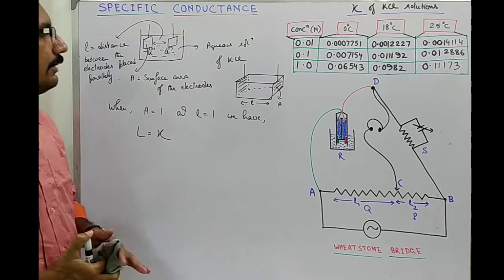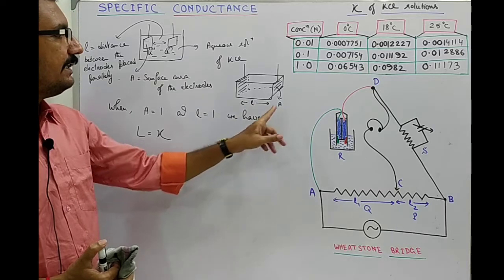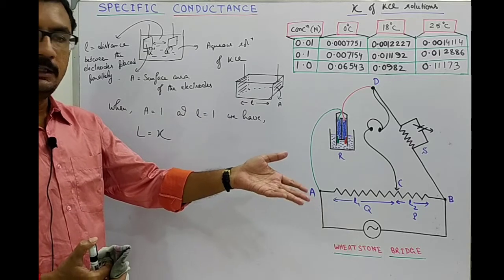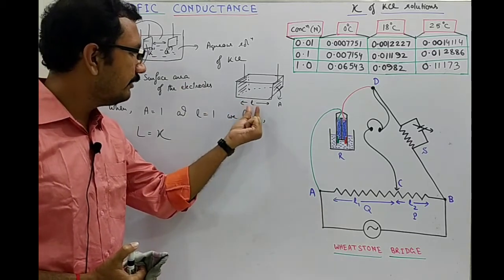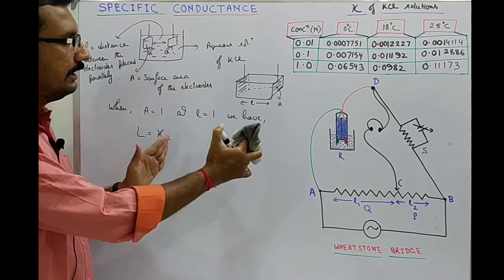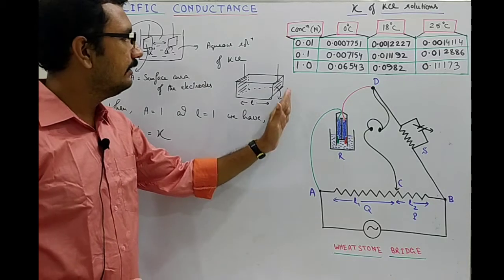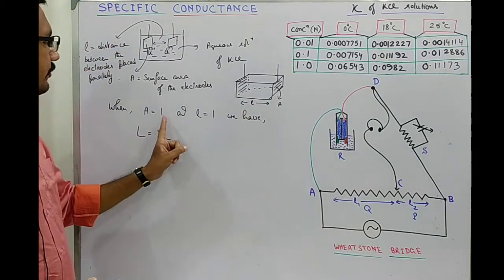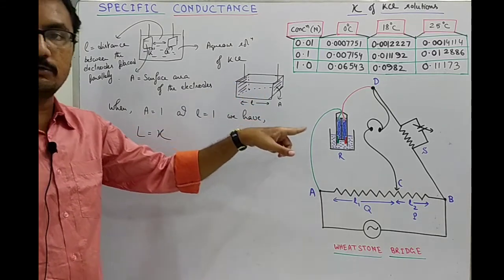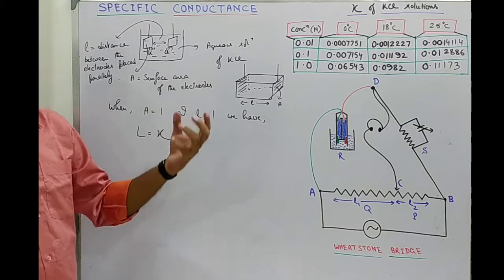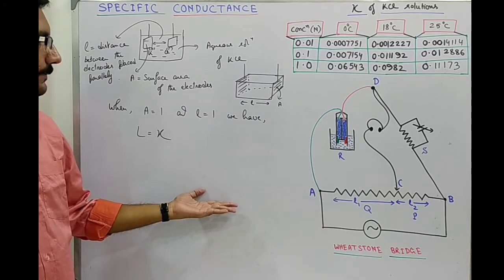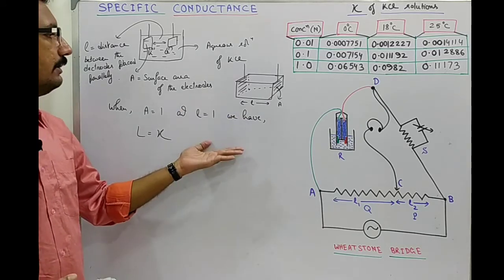You may take any value for L and any value for A, and that will give you different conductances. But when L is 1 centimeter and each electrode has a cross sectional area of 1 square centimeter, then the conductance of the solution within the two electrodes is the specific conductance of that particular electrolyte. This is the definition that we covered in the previous lecture.